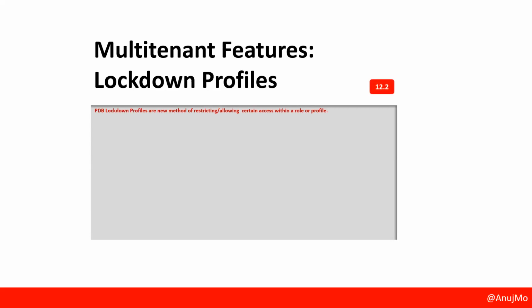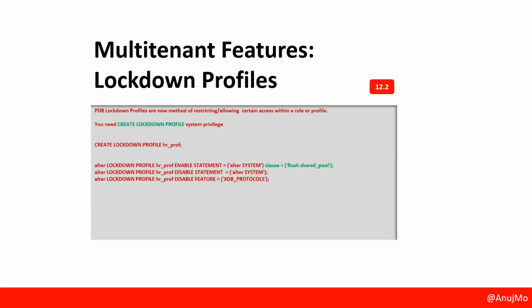12.2 new feature, lockdown profiles. This is something related to security. I'll quickly explain what this feature is. Say you want to give a user the alter system privilege, because this user is entitled to do a flush shared pool, but you do not want to give anything else of the alter system.